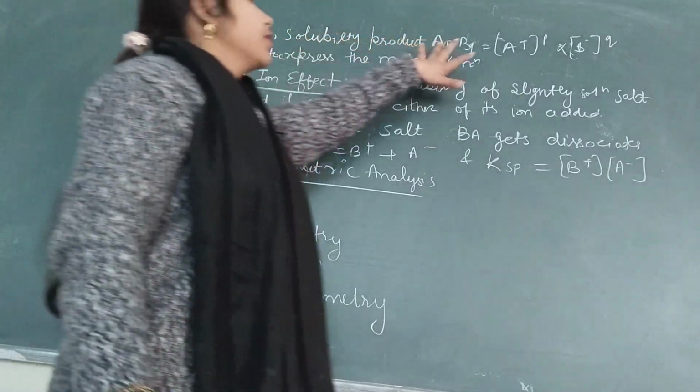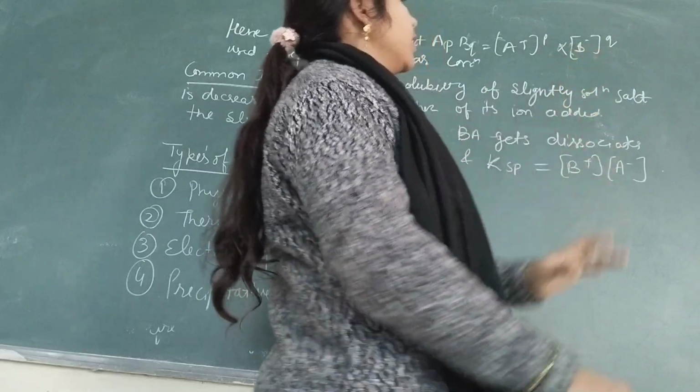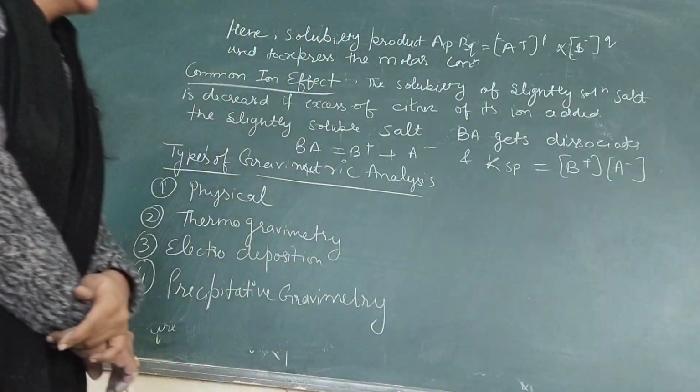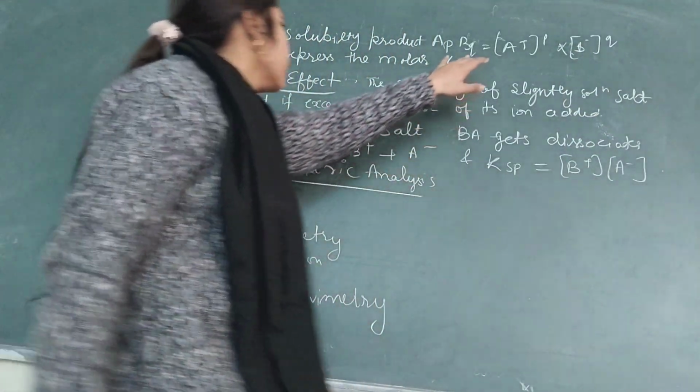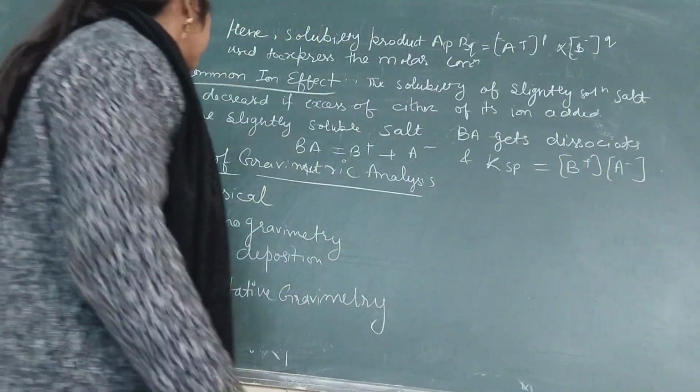Hence, the solubility product of AxBy is equal to [A positive]^x multiplied by [B negative]^y, that is cation and anion, used to express the molar concentration.